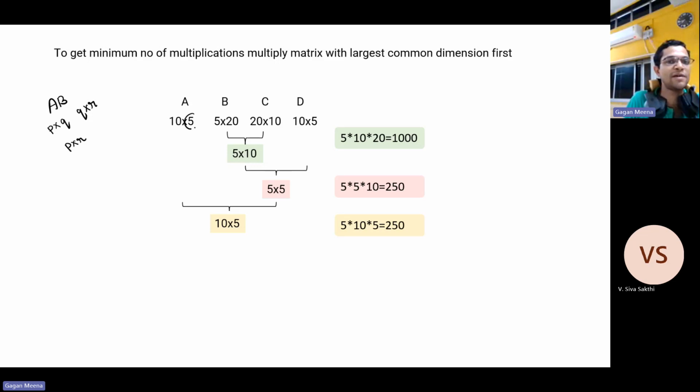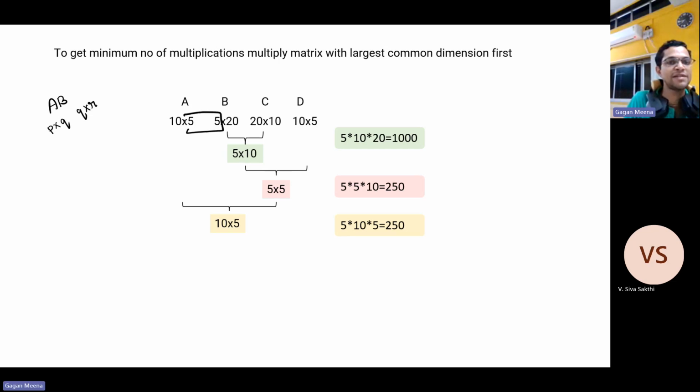Here you can see the common dimension is Q. You can even write it as P into R multiplied by Q. So this is the total number of elements in the resulting matrix, and because this is Q, we need Q such multiplications for each element. That is why it is PR into Q.